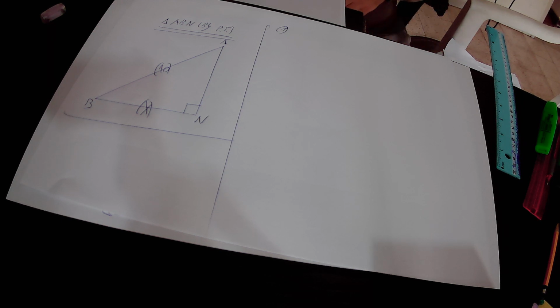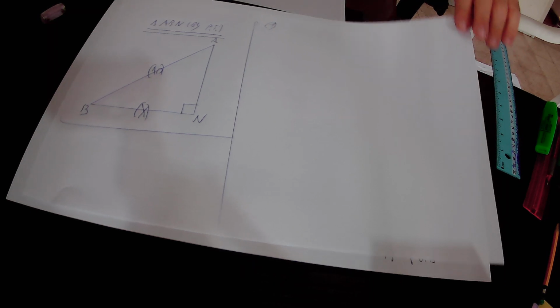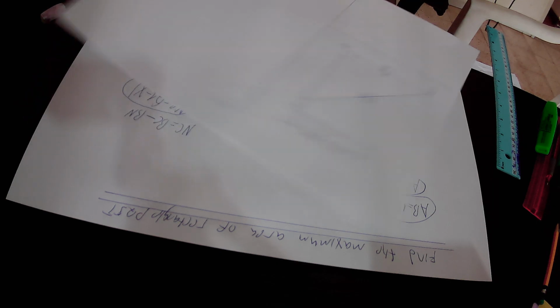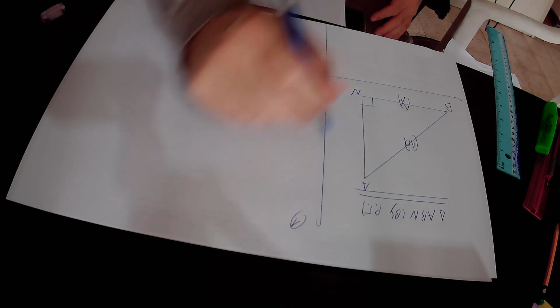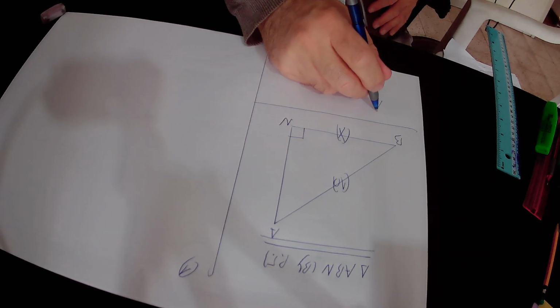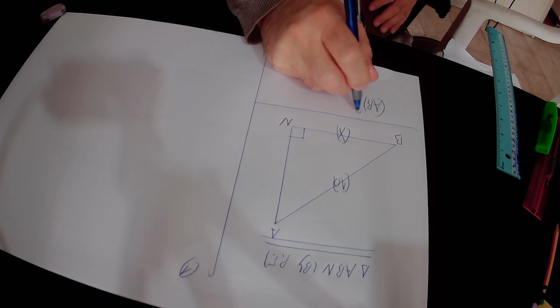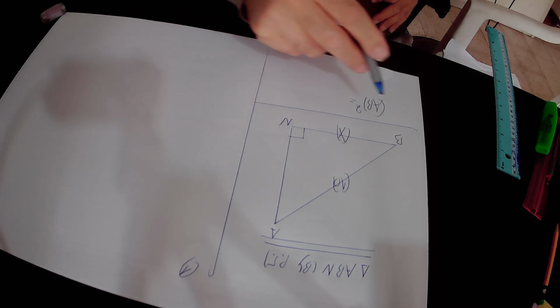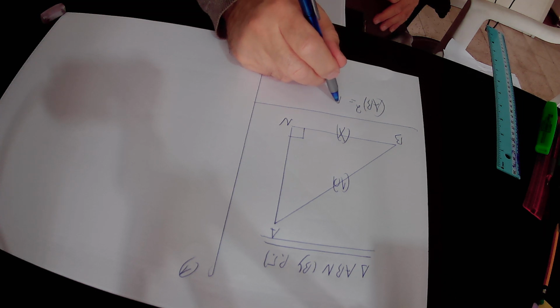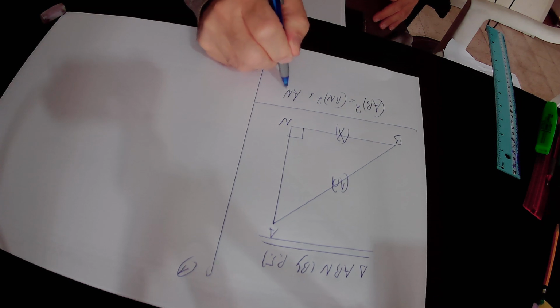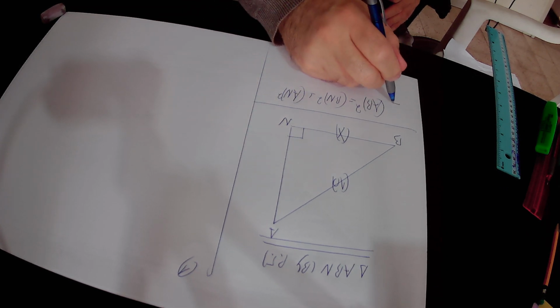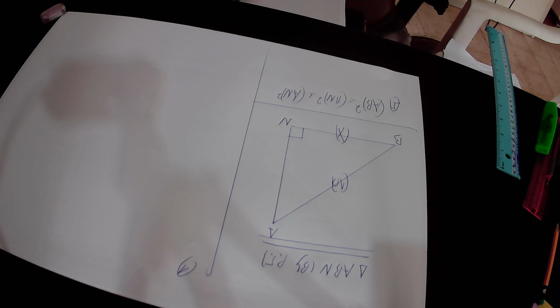According to the Pythagoras theorem, in this right triangle ABN, the square of the hypotenuse is AB squared, and it must be equal to BN squared plus AN squared. This is equation 1.